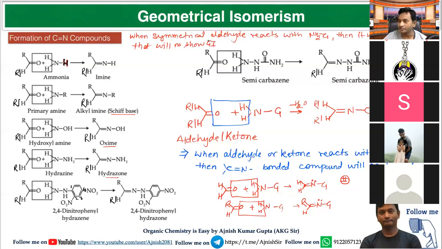But unsymmetrical aldehyde reacts with NH2Z and forms a compound that will show GI.